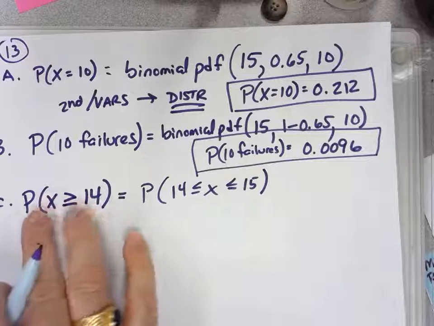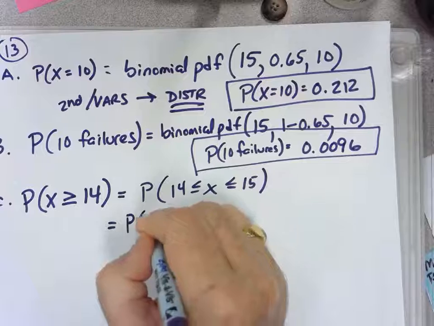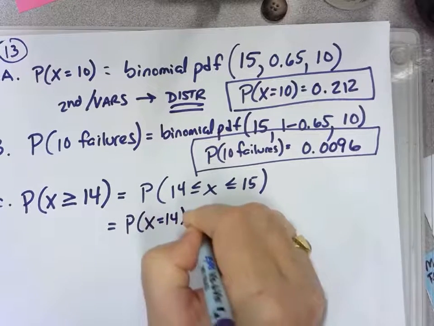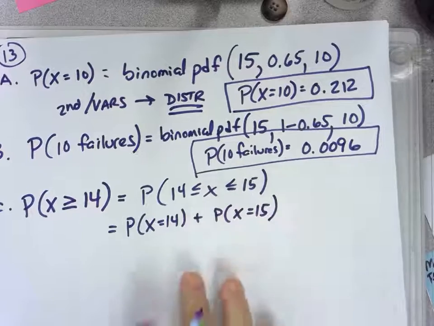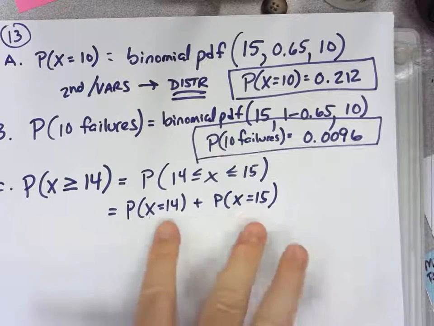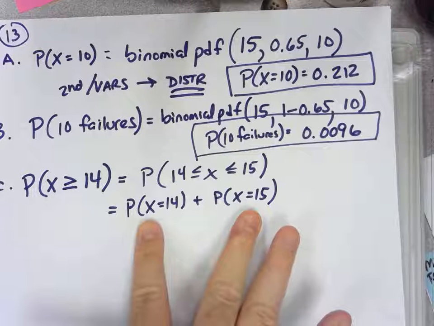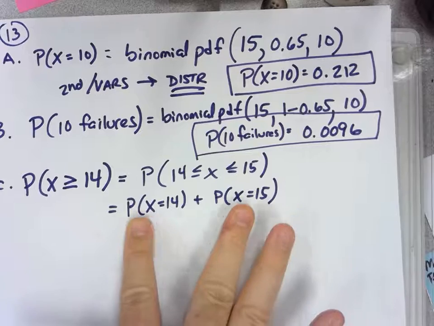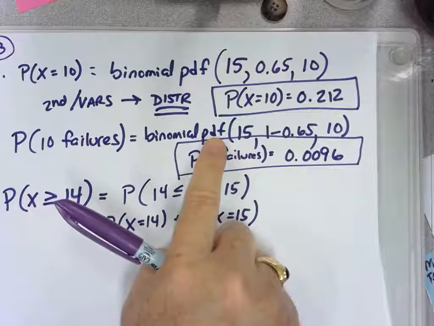But we said if it's greater than or equal to 14, that's the same as the probability that X is equal to 14 plus the probability that X is equal to 15. So I take these calculations of exactly and add them together. I can work this problem using binomial PDF if I want.